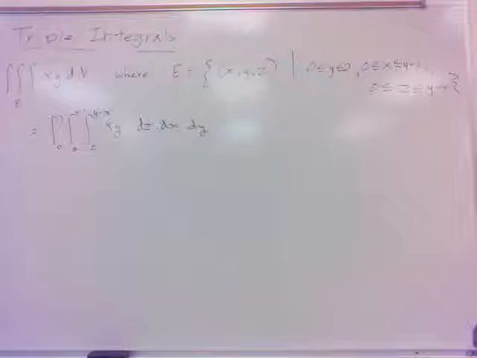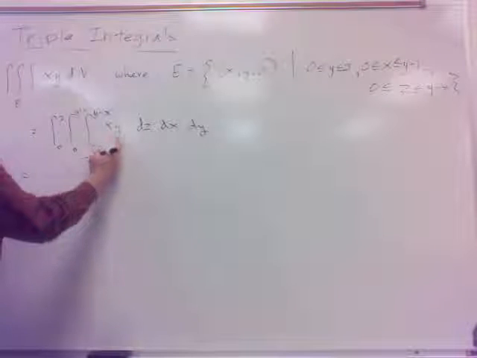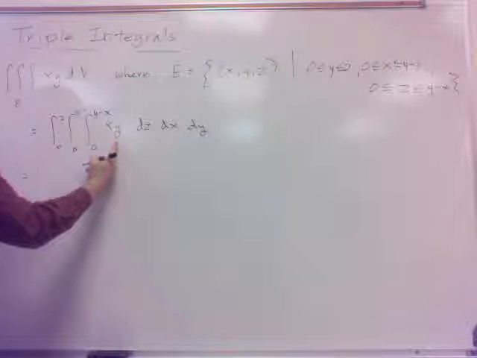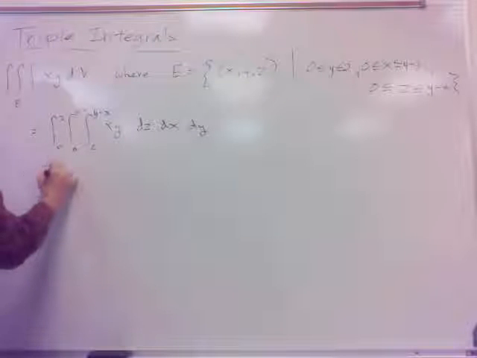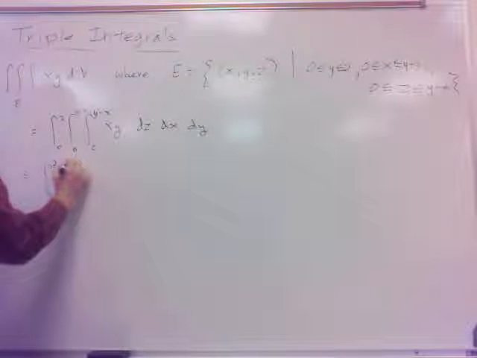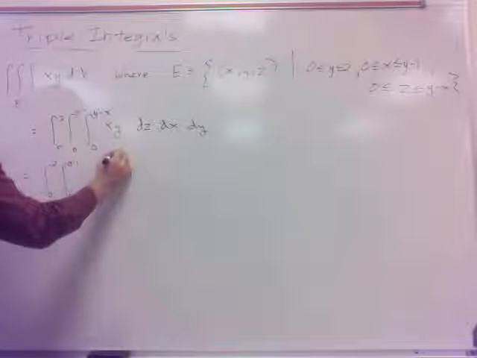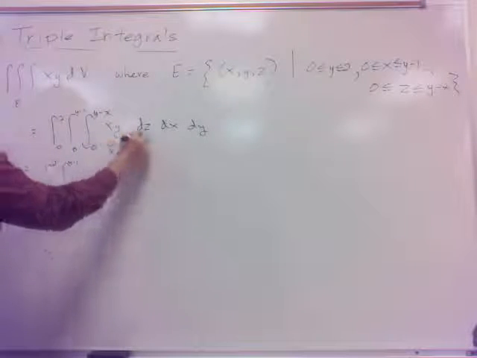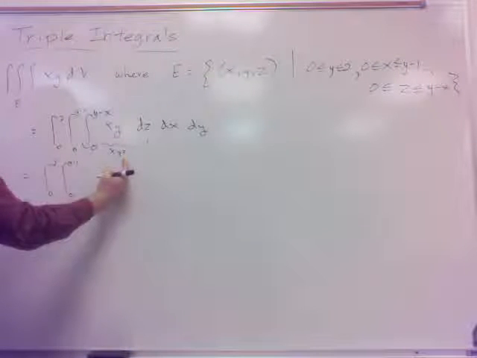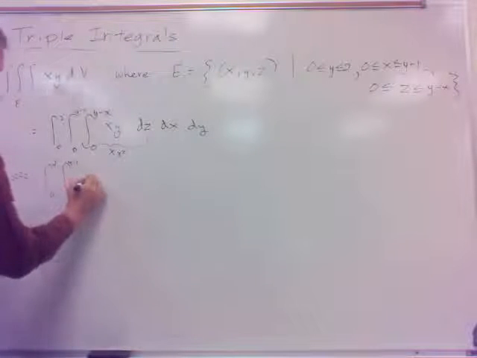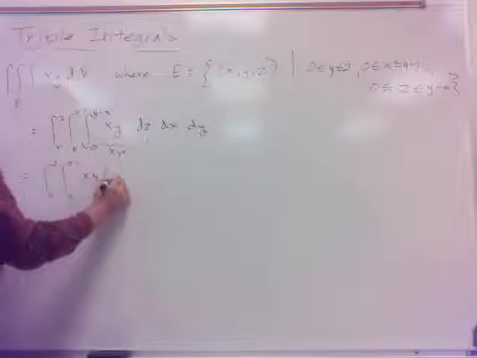All right. So, let's see. The good thing is we're doing with respect to z first, so there's not a z here. So it's just xyz. It'll be 0 to 2, 0 to y minus 1, xyz, and then we're evaluating from 0 to y minus x, and so you're going to have xy times y minus x.